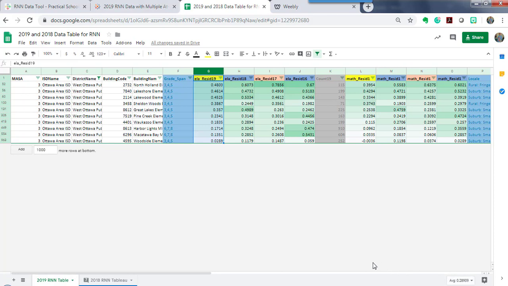Now the nice thing about that is I can take a look at all 4 averages and see how my district is moving across the last 4 years, and I can do that both for ELA or math.